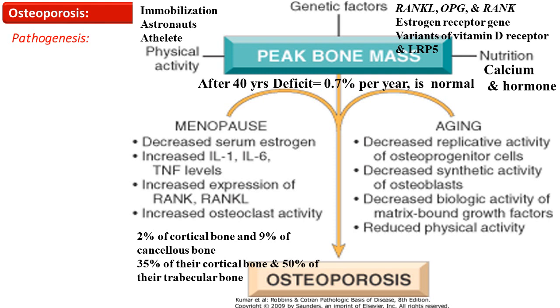As men get older, their physical activity and movement become limited, hence it is another contributing factor for the development of osteoporosis. There is another mechanism: these osteoprogenitor cells and osteoblasts have decreased replicative or synthetic activity, hence their biological activity of matrix bound growth factor is reduced.